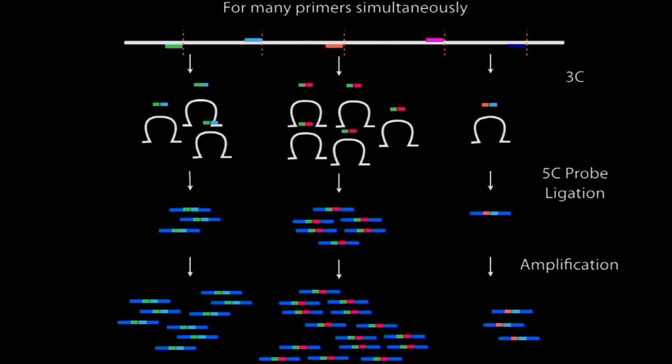So I would go in and design a few thousand of these primers, and that would allow me to interrogate all pairs of interactions between these regions. So basically you have all of these different little PCR products. And so at the end, I have sequences that look like this. The relative abundance of these tells me something about frequencies of interactions.